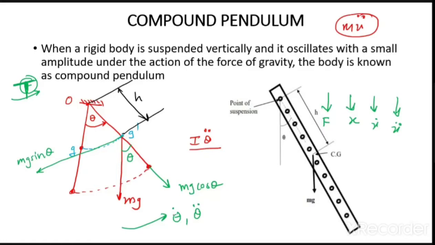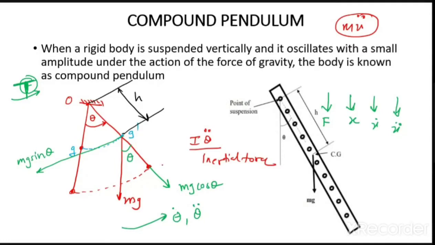In D'Alembert's principle, you don't have to take care about the sign convention. You just write the inertia torque as I theta double dot.